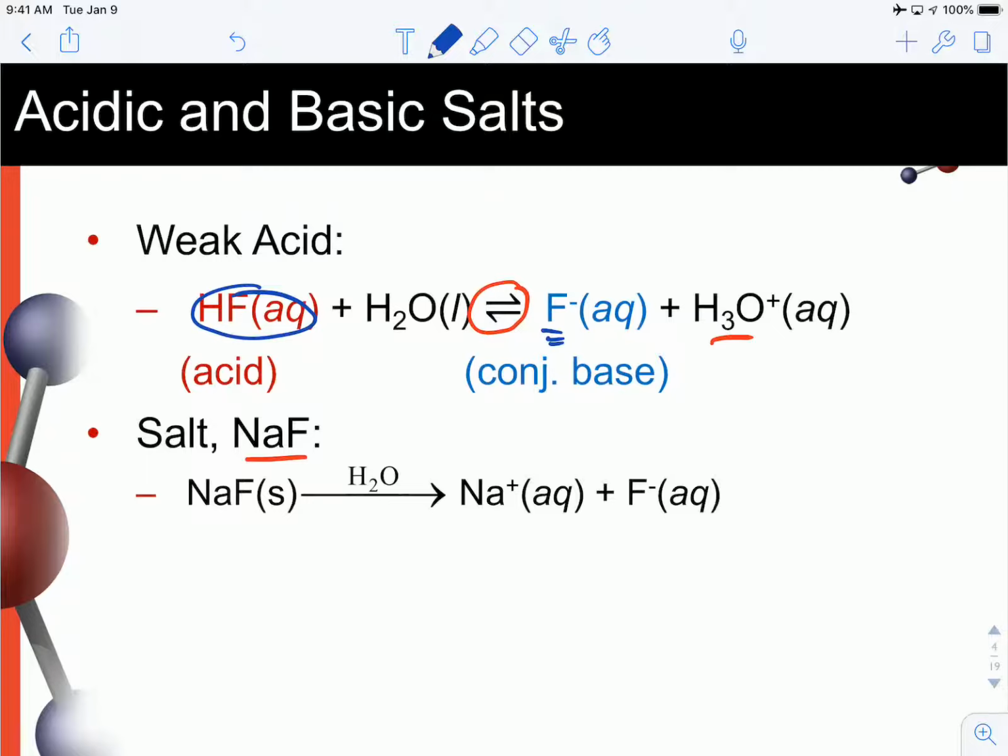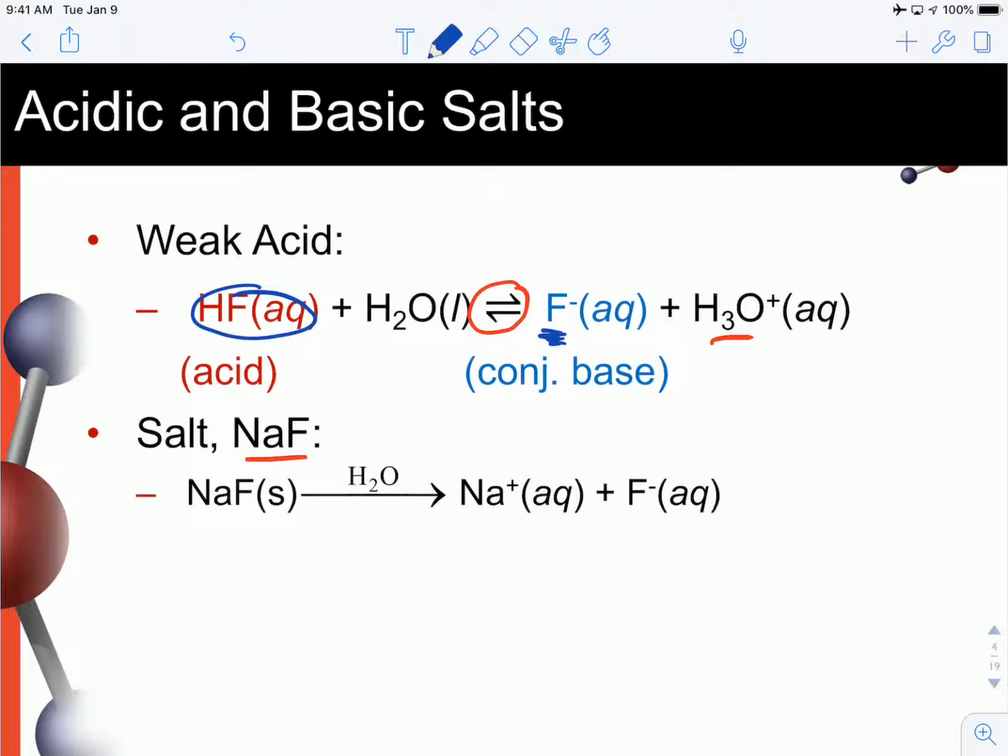We won't say a strong base because this would have to be a really, really weak acid for this to be what we consider a strong base. But it's a relatively strong base, which means it will react with water. I mean, it would react with a high hydronium ion and move in this direction.